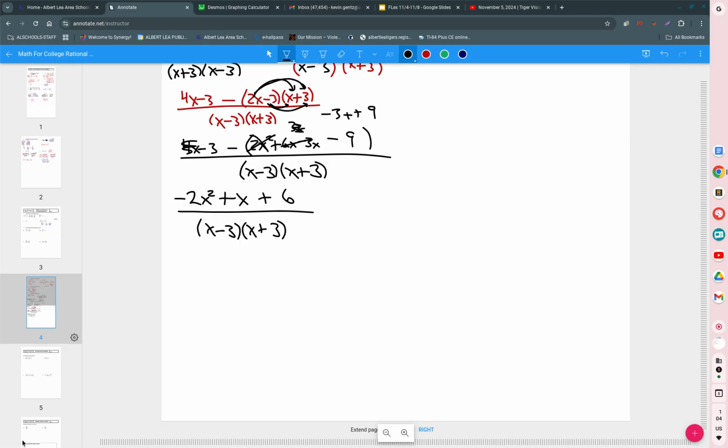So adding and subtracting fractions within rational expressions, that can be a challenging piece. So we'll take our time with it. Please open up your homework. As you are adding and subtracting these rational expressions, we have simply just the front page.